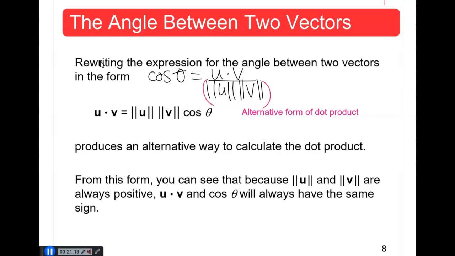If we take that across, then it will be multiplying, so it will be the magnitude of u times the magnitude of v, and then times the cosine of theta, and that is equal to the dot product that we see here.